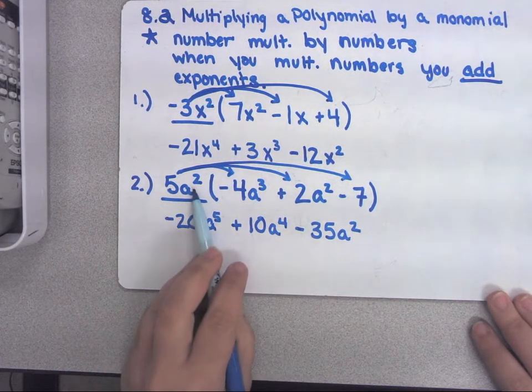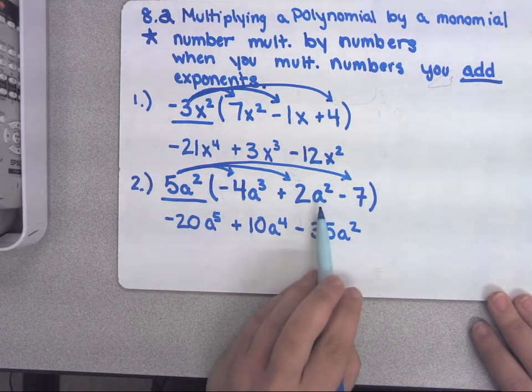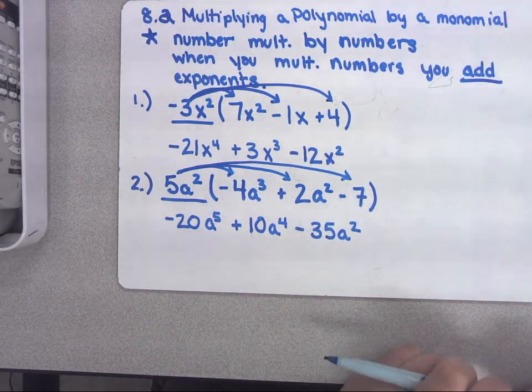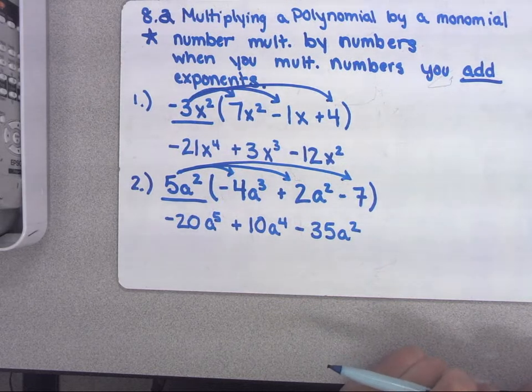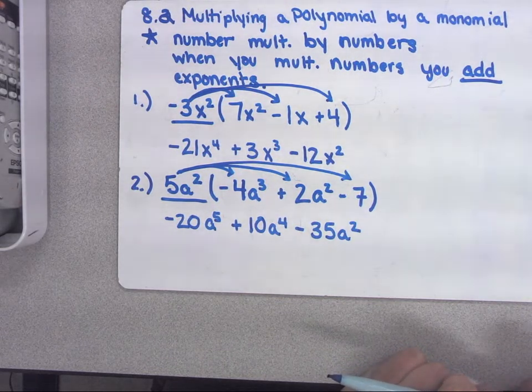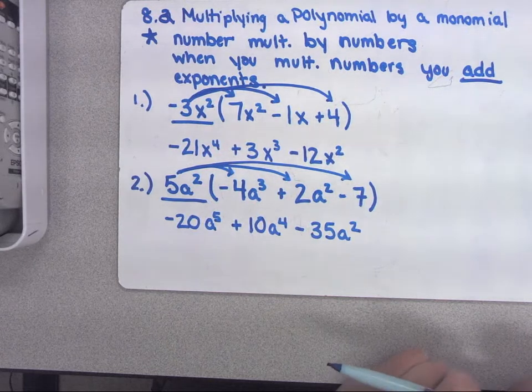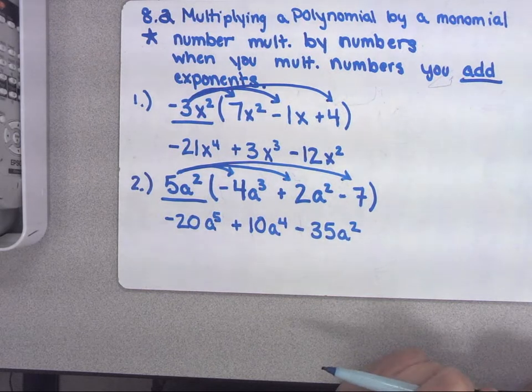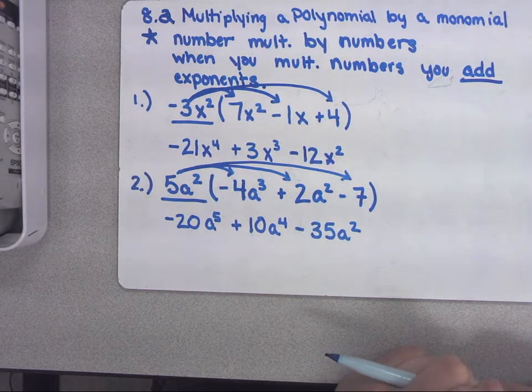Because I had 2 here and 2 and 2 here. I'm glad. How'd you do, Blake? Okay.